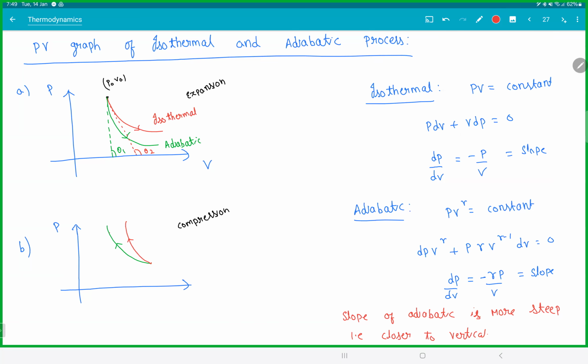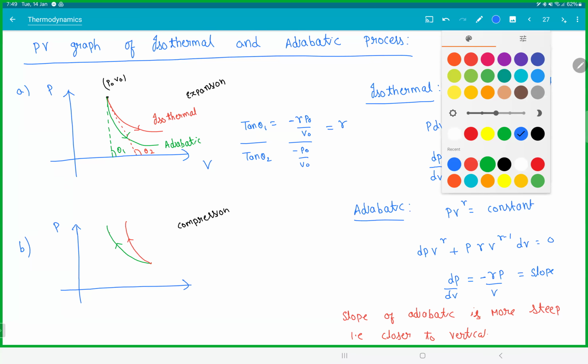And interestingly, what is tan theta1? Tan theta1 is the slope of adiabatic, which is minus gamma p naught by v naught, divided by tan theta2, the slope of isothermal, which is minus p naught by v naught. This will be gamma. So they can ask a question like this also. They'll give theta1, theta2, and ask you to find gamma. The slope of adiabatic by the slope of isothermal will give you the adiabatic constant.